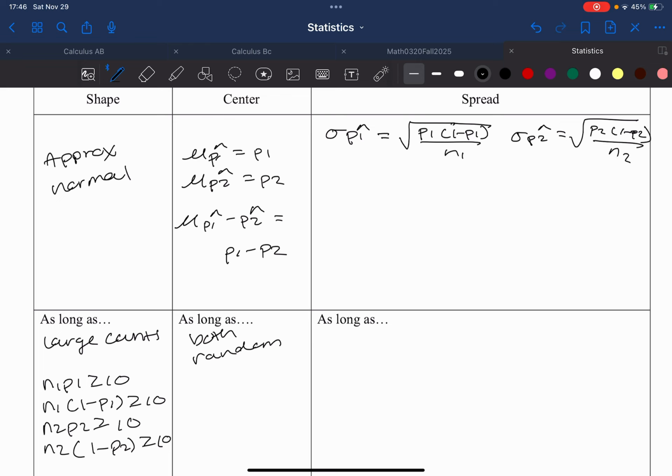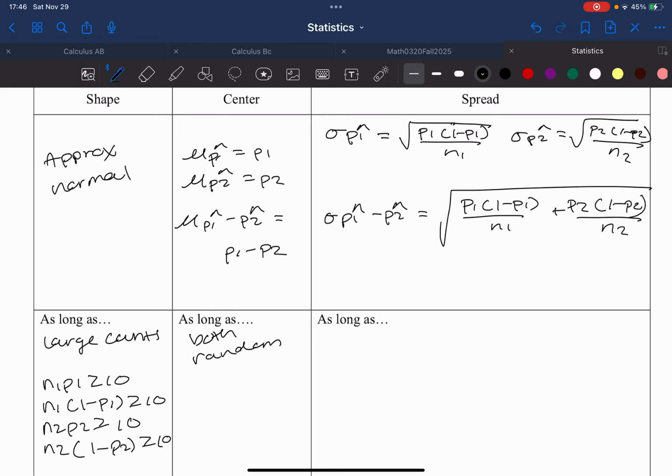Sorry, I forgot the subscripts for the N. And if we subtract them, that's the same as squaring each of them and adding them together, which means that sigma of P1 hat minus P2 hat is equal to the square root of P1 times 1 minus P1 over N1 plus P2 times 1 minus P2 over N2.